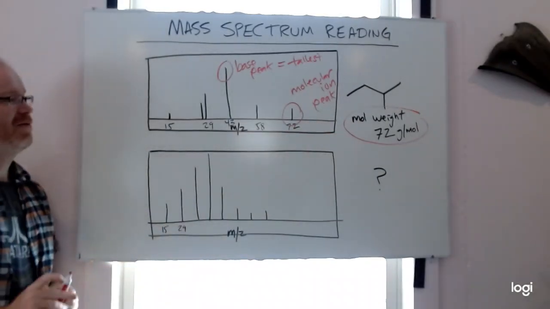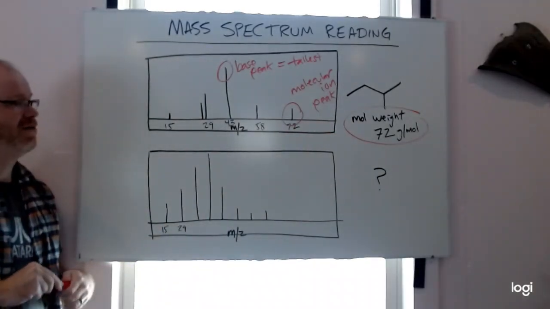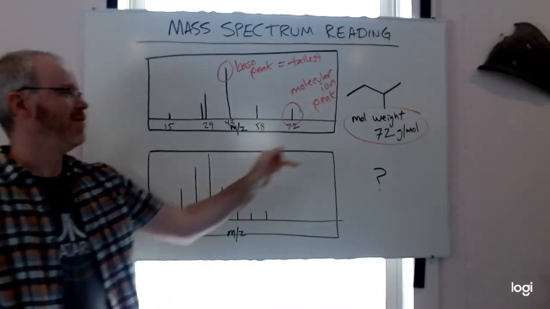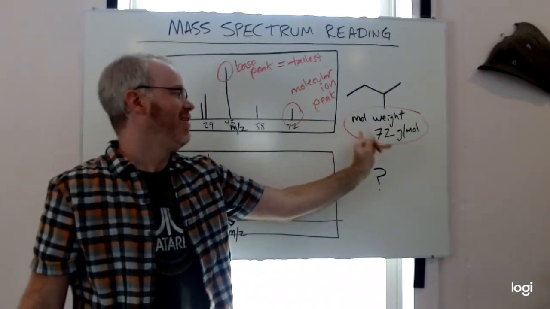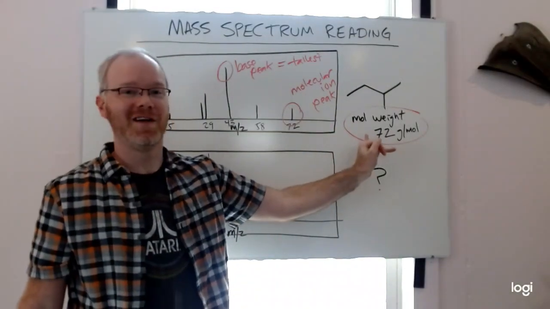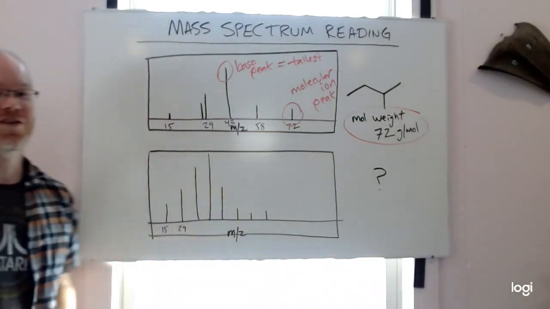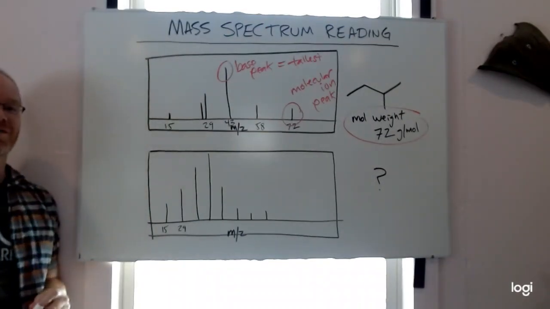Mass spectrometry can be really good at identifying molecules in a quick and simple way by looking for the molecular ion peak, because then, say you have an unknown, you have the complete molecular mass of that unknown, which is really, really powerful, right?